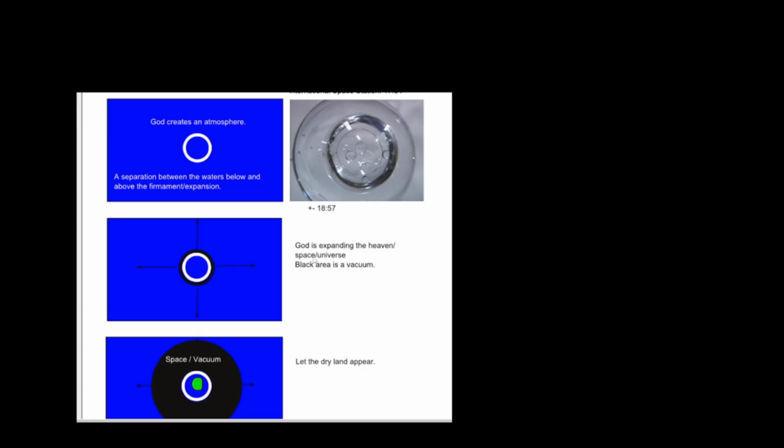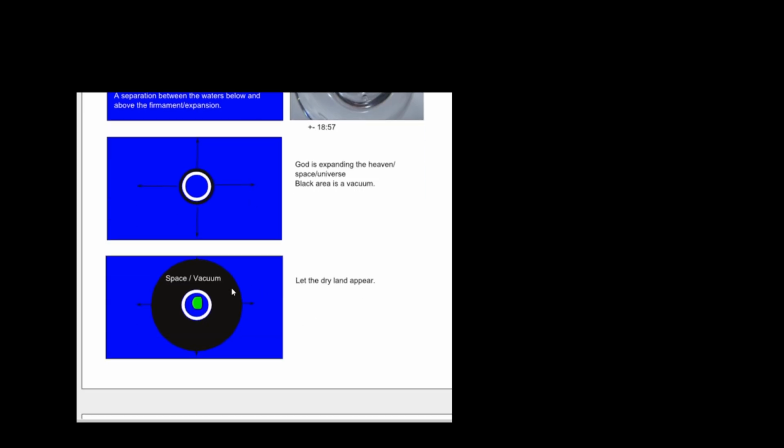Now God is expanding the heaven, and in the Bible heaven is space, right? So the black area here is space, and that's the vacuum, so there's no air, okay? And then the dry land appeared.